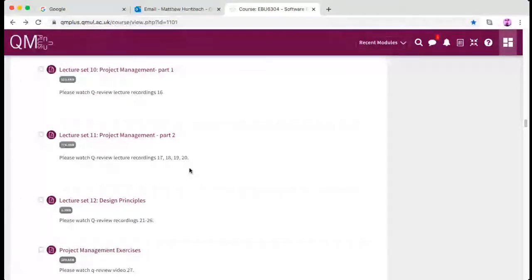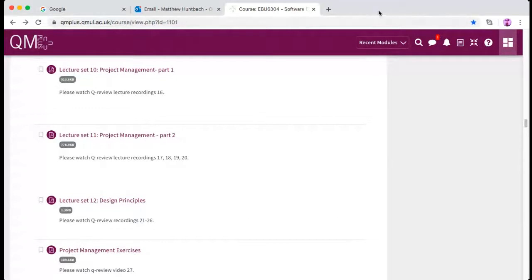Scrum is a version of Agile. Break it into chunks, with trust between customers and increments, as I said. So, that was the first lecture on Project Management Part 1.